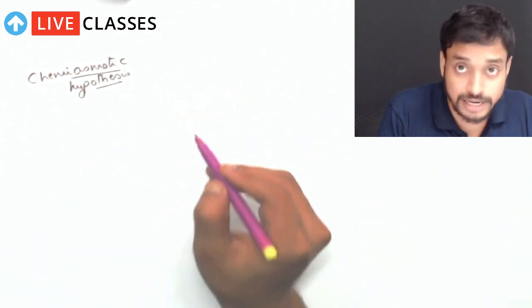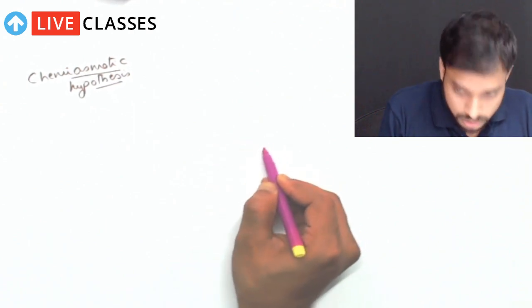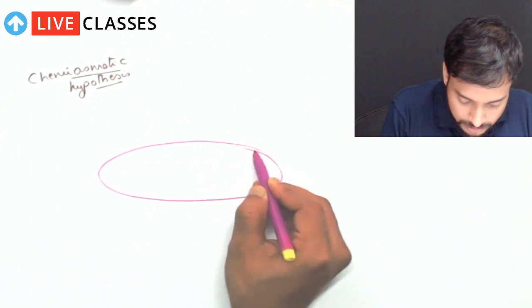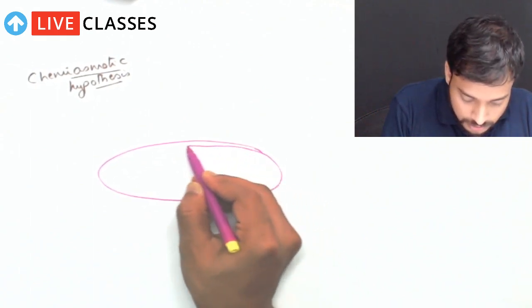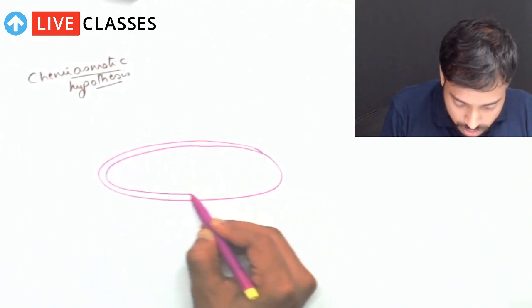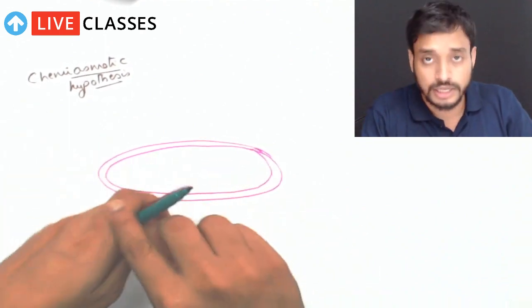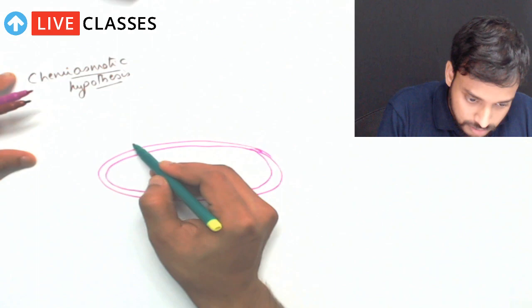So we'll do it diagrammatically. Here I am drawing the membrane bound thylakoid. See, double membrane thylakoid. Now in this membrane there are three systems.